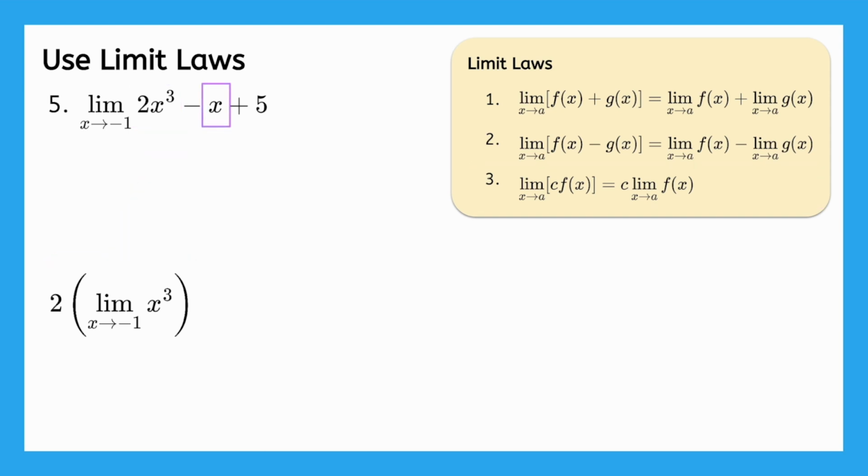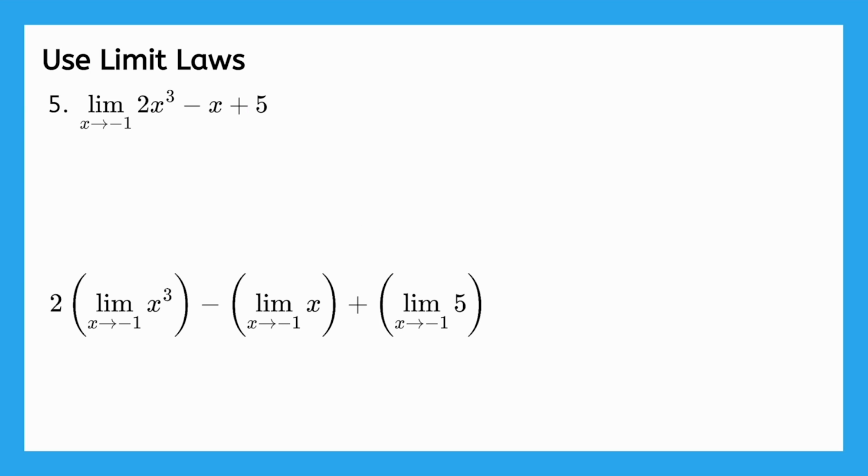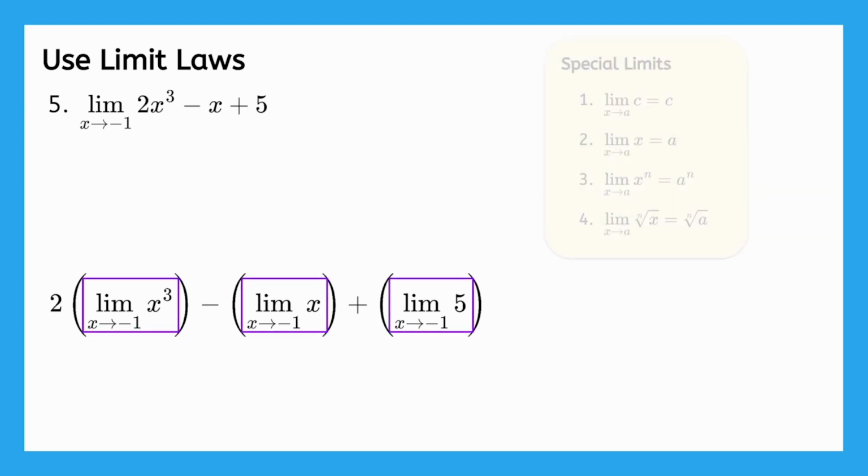Next, we can subtract the limit of the second term. Then we'll add the limit of the constant. Now that we've broken up the terms of the function, we have 3 limits that we know how to evaluate. Use the special limits and finish finding this limit on your own.